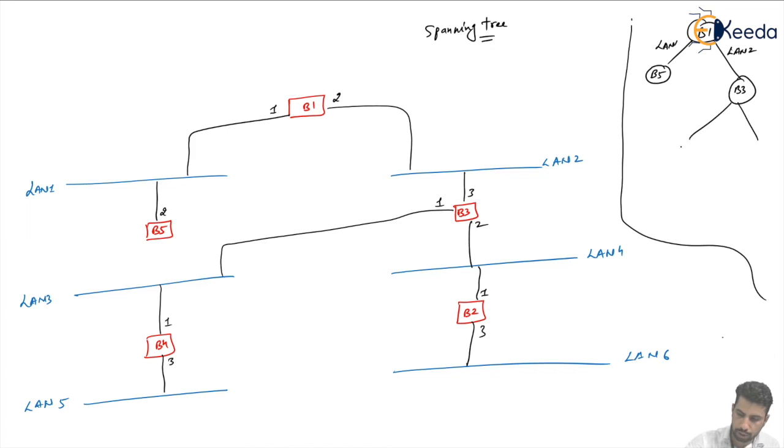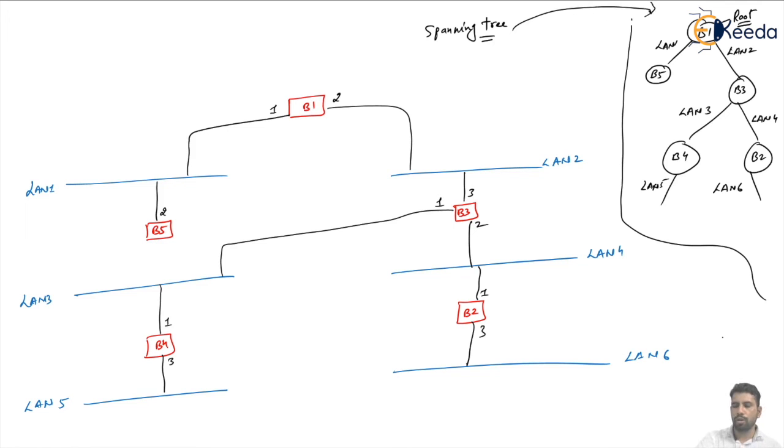This one is connected to bridge number 4 and bridge number 2, through LAN number 3 and LAN number 4. And here we have LAN 5 and LAN number 6. This becomes a tree, and B1 looks like the root of this tree.